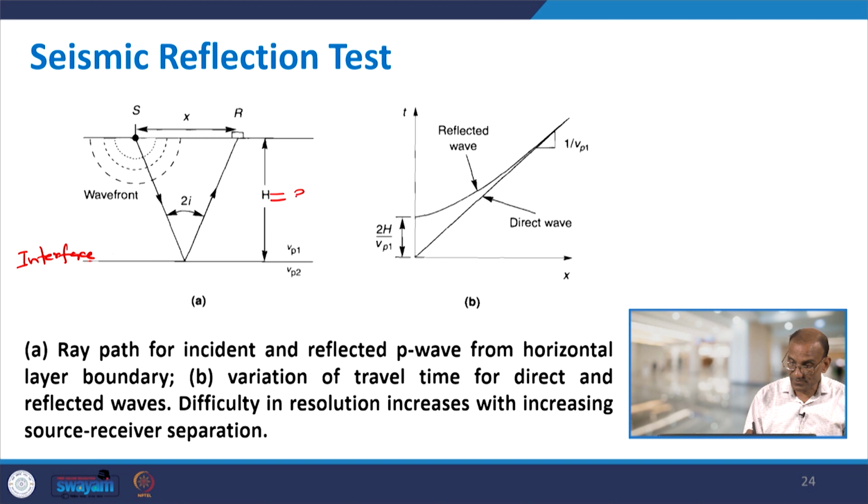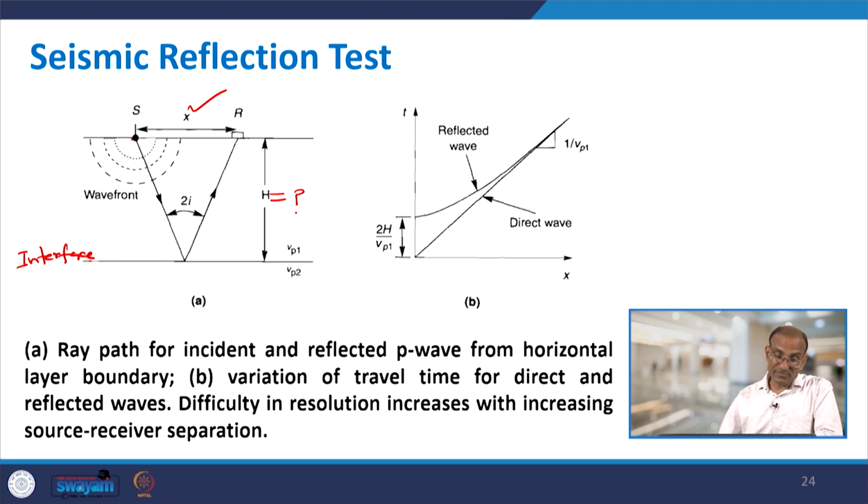The distance between the source of disturbance and the receiver is x, and x is known to you, because you know where you are putting your instrument and where your receiver is.